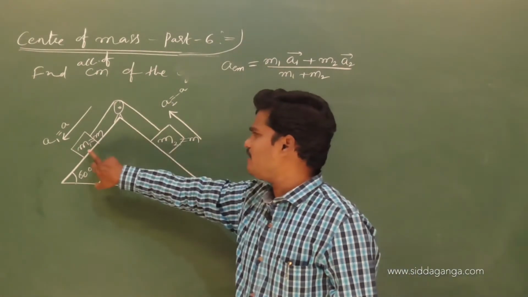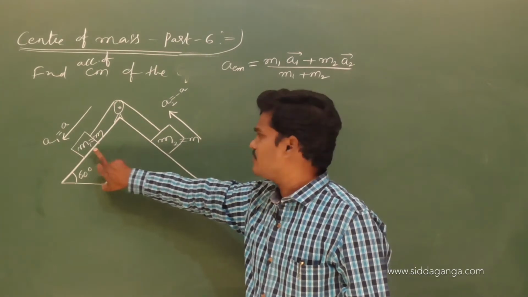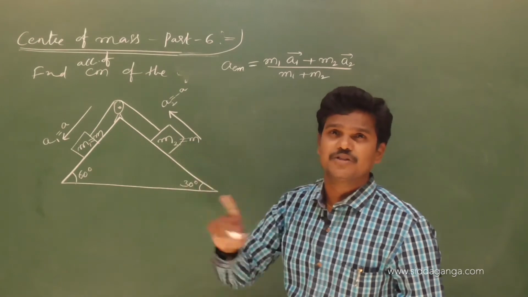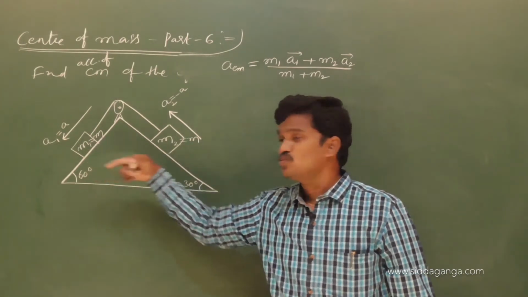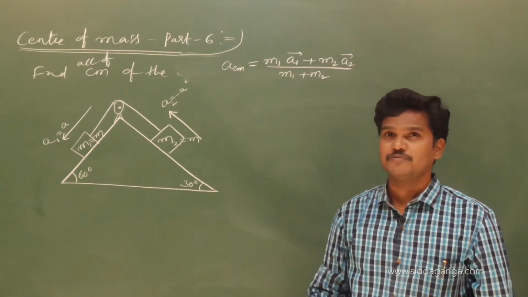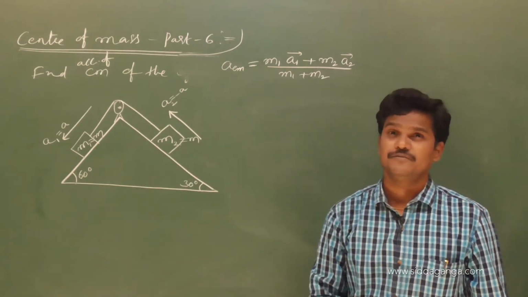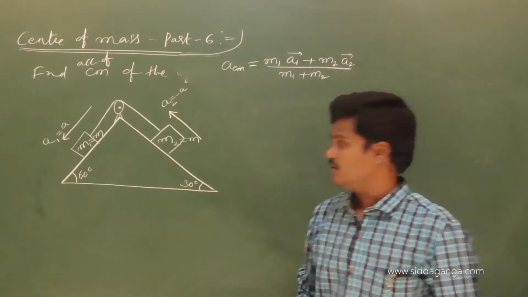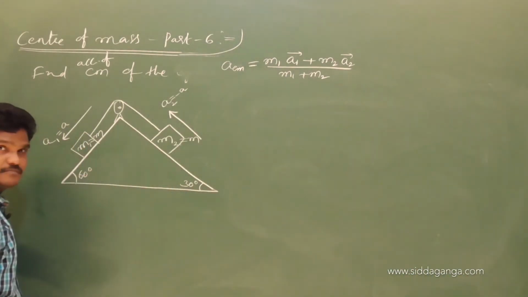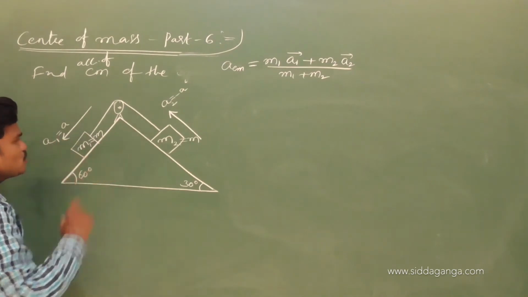Here resolve a1 into two components, a2 into two components. Follow the resolution method. Divide a1 into two components, a2 also into two components. Observe which side the body is moving, which side the block is moving. Imagine the free body diagram for this, or otherwise resolve a1 into two components.